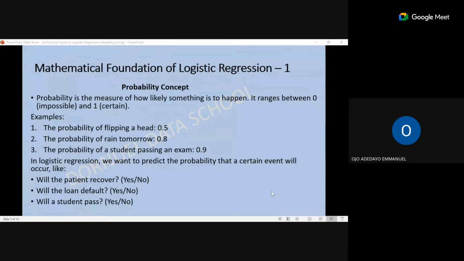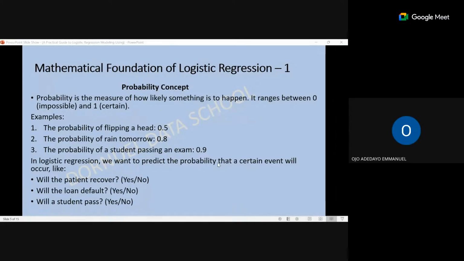Inside those possible outcomes, how many heads do we have? We have just 1 head, divided by how many outcomes do we have? It's either head or tail, so we have 2. So 1 divided by 2 gives us 0.5. So if you flip a coin, the probability of you getting head is 0.5. If you flip a particular coin, the probability of you getting tail is 0.5.